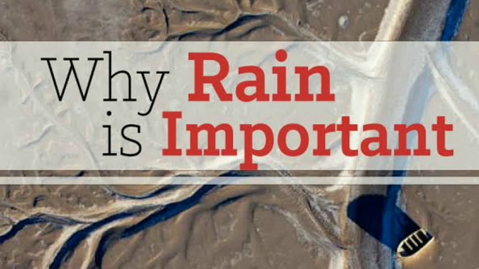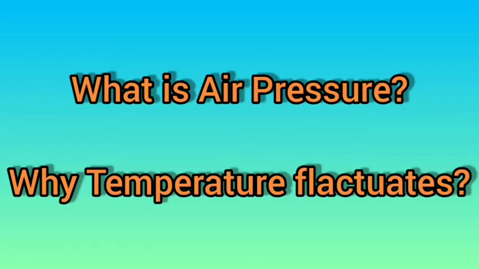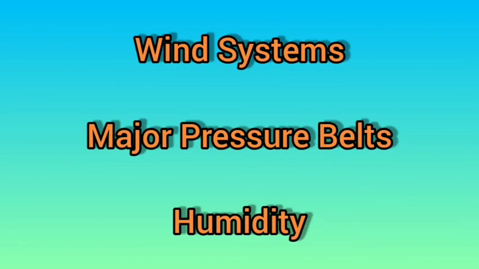So children, that was all about the chapter in a nutshell. You have to know a few special concepts very well, like air pressure, how temperature fluctuates and gets affected due to insolation, what is the difference between weather and climate, what are the different wind systems and the major pressure belts.